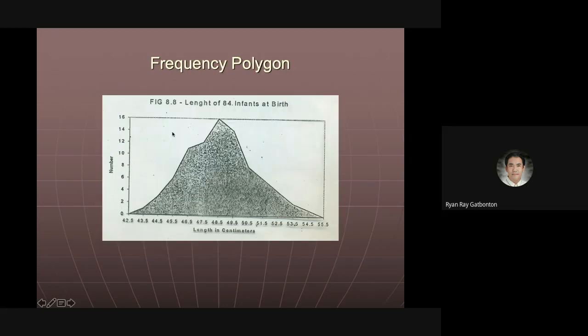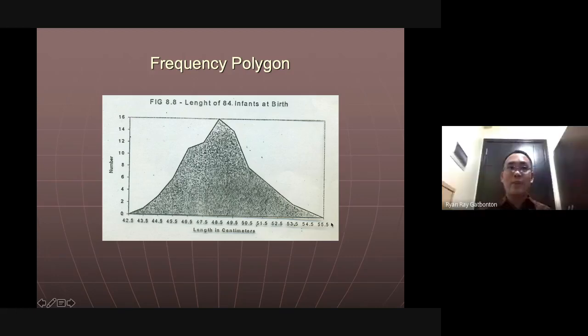Here's an example of a frequency polygon. So the frequency distribution or the frequency polygon is outlined on the histogram. It's actually a histogram that has been outlined and presented into a shape.